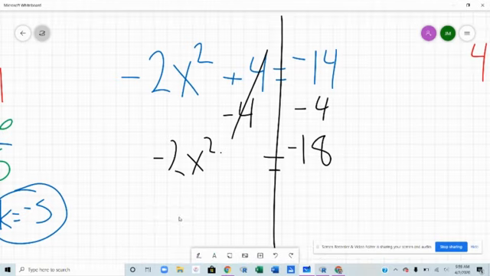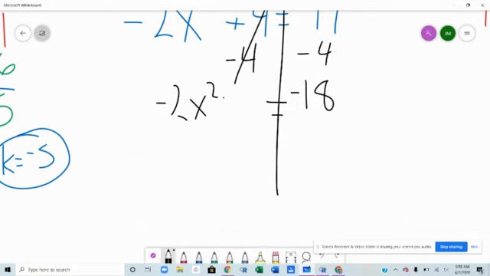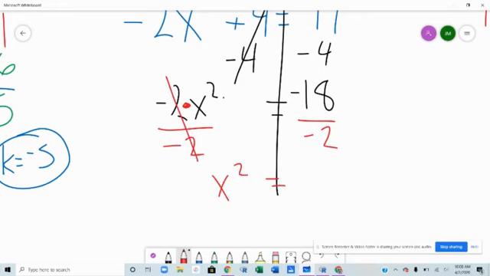Now we have negative 2x squared equals negative 18. After addition or subtraction, you get rid of multiplication and division. We have times, negative 2 times x squared, so we need to divide by negative 2 on both sides. Gives you x squared equals negative 18 divided by negative 2 is 9.